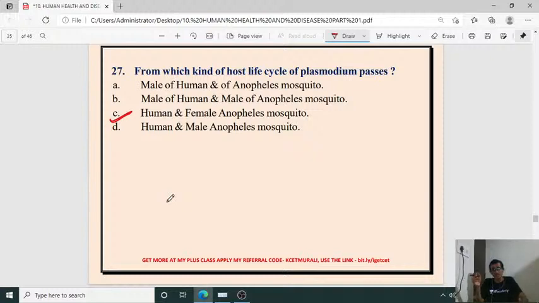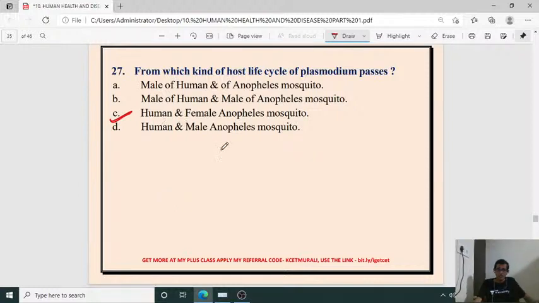So the sexual life cycle is going to be completed in the female mosquito body, and gamete production will be there in the male. In the human body, in the liver and blood stream, it is going to have the trophozoite form in the case of that particular malaria. So it requires dual hosts to complete the life cycle.